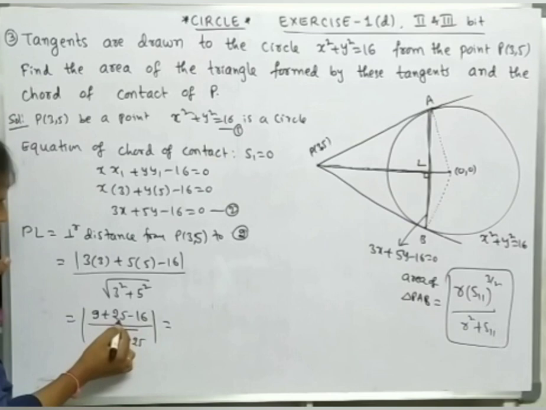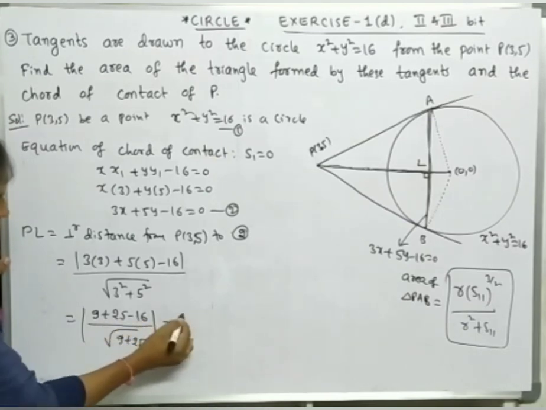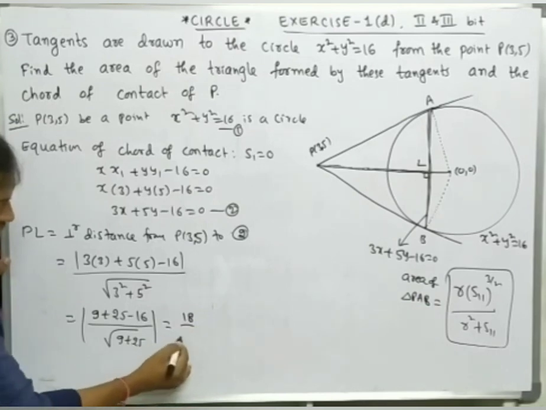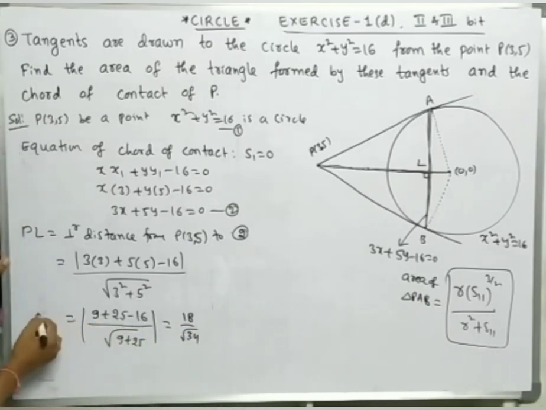Okay, so 25 minus 16, 9 plus 9, 18 by root 34. 18 by root 34 is the value of PL.